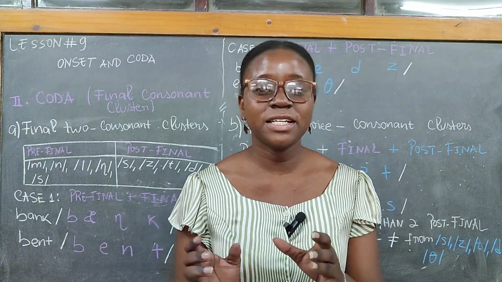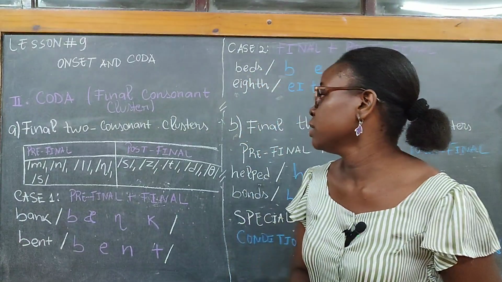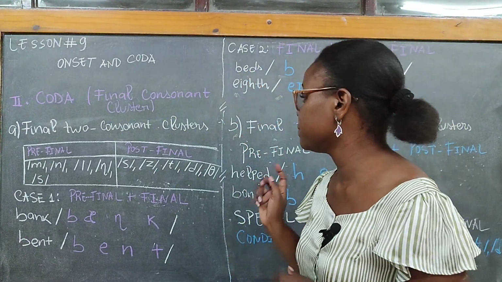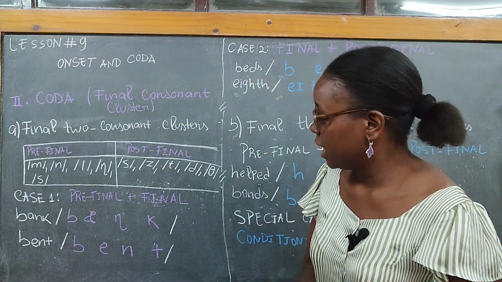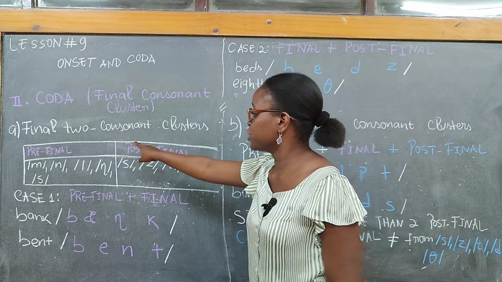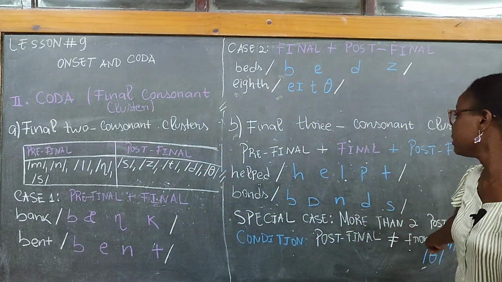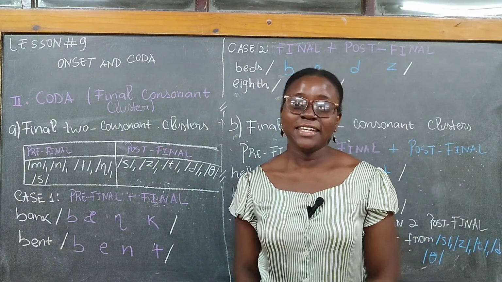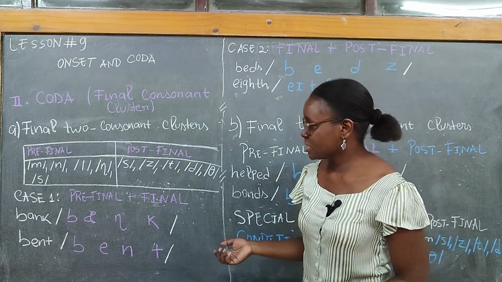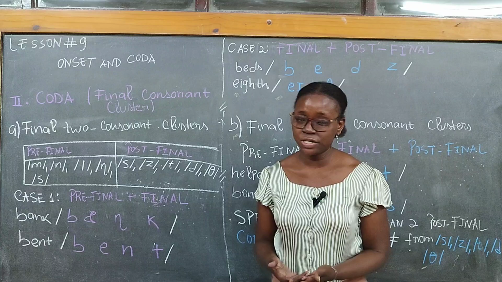Hello guys, welcome to the second part of our lesson where we'll be looking at the coda, which is what comes after the center. Now, in the coda, we have two possible situations where we have a final two consonant cluster or a final three consonant clusters. In the final two consonant clusters, we have two subdivisions.